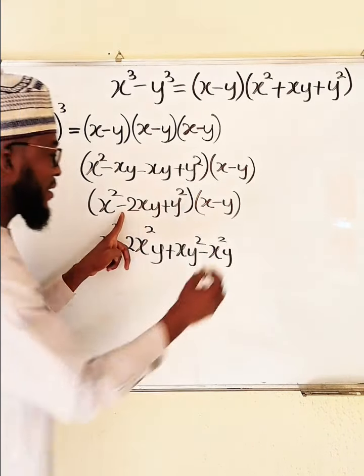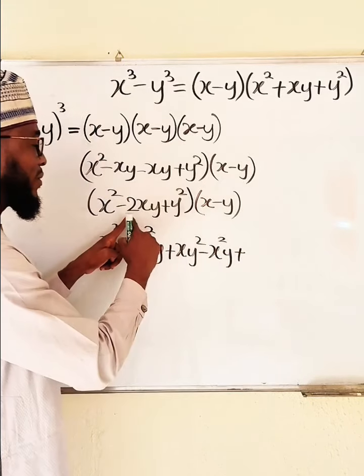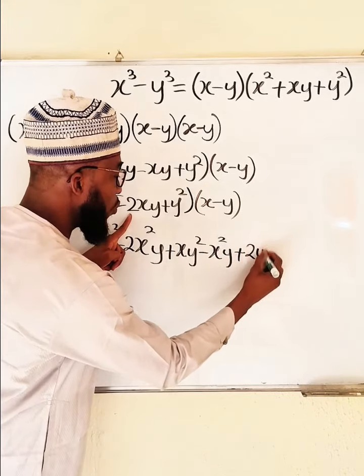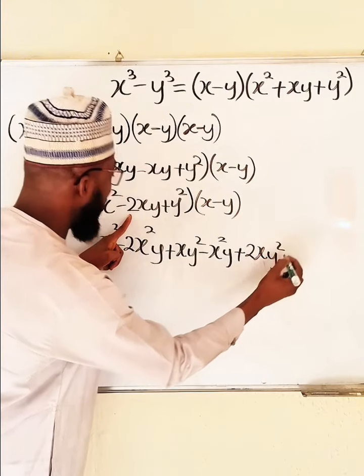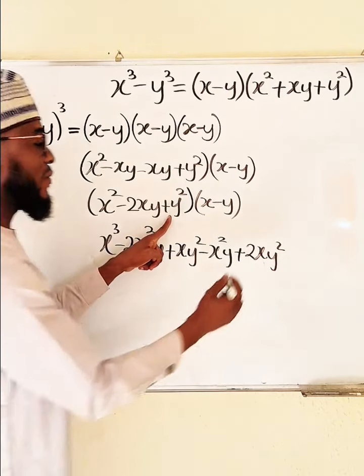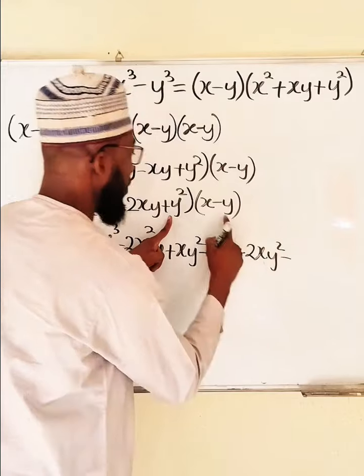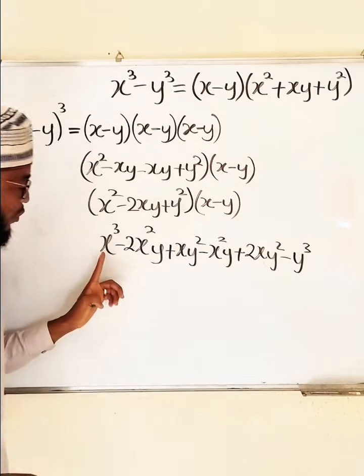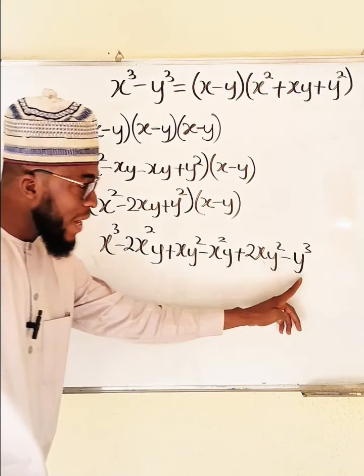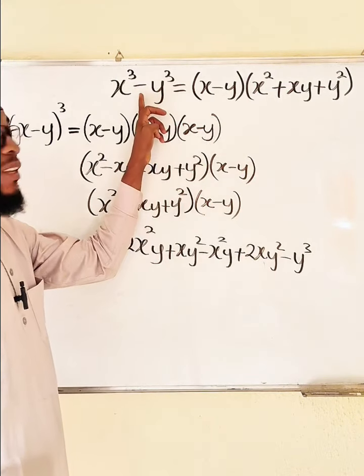The negative is positive. Y times this will give us 2xy squared. Then lastly, we have negative y cubed. Now you can see we have x cubed minus y cubed. That's exactly what we are looking for.